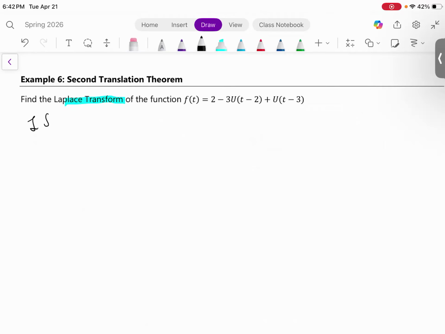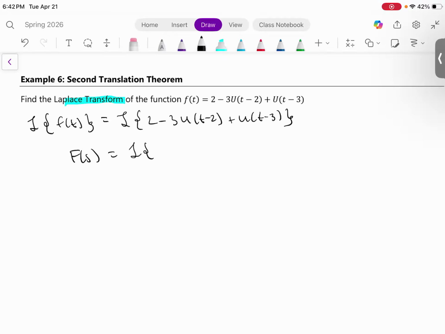So what do we need to do? Well, we're going to Laplace it. So Laplace of f of t equals the Laplace of 2 minus 3 u of t minus 2 plus u of t minus 3. Okay, so Laplace of f of t is just F of s. And so what we can do is separate these out using the linearity property.